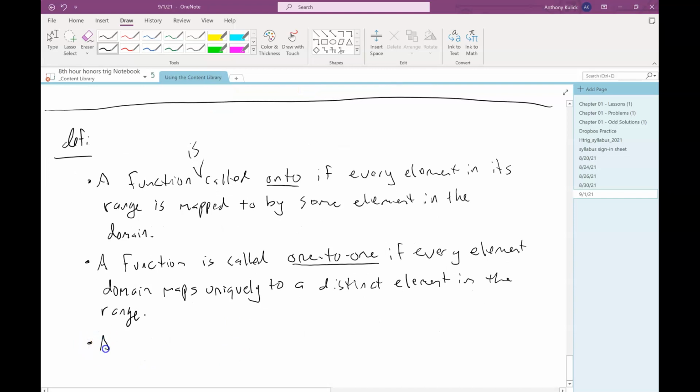And lastly, we say that a function is called bijective if it's one-to-one and onto.